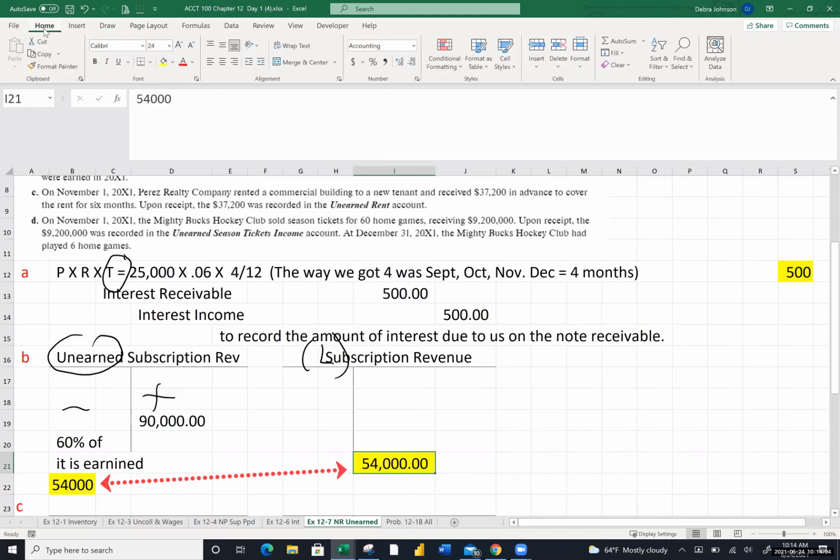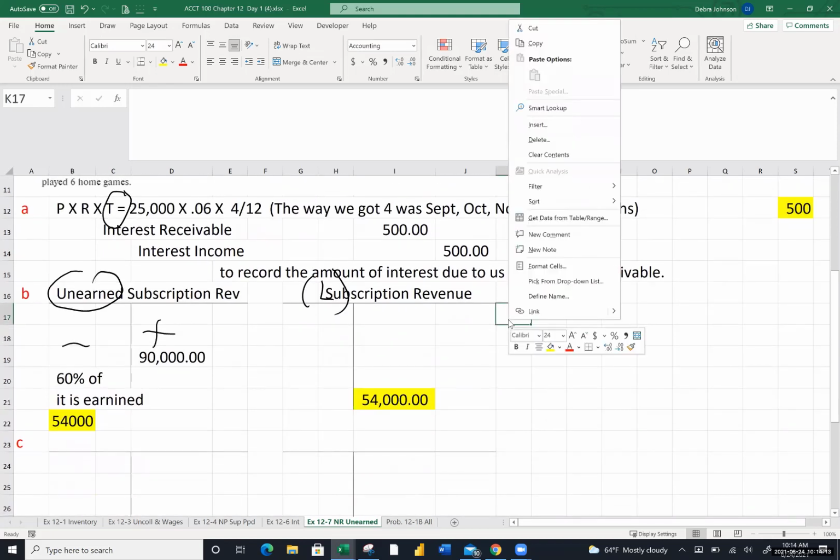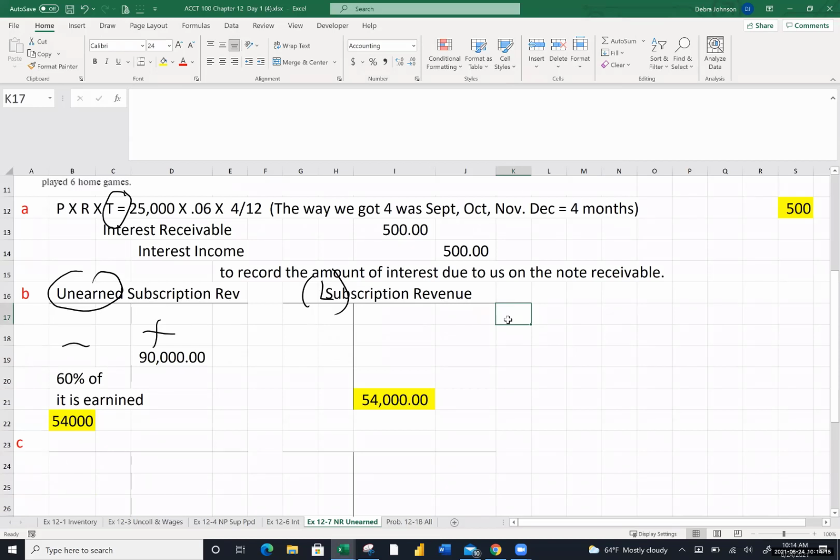However, we know that the only way that these transactions get into the accounting records is through the journal entry process. So let me come out to the side here and write down that journal entry.